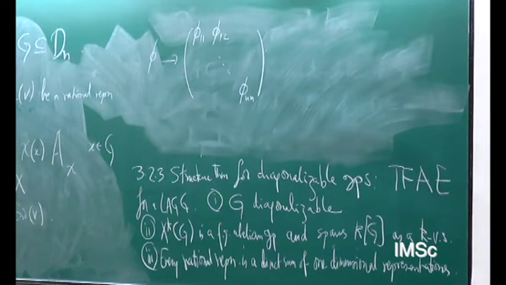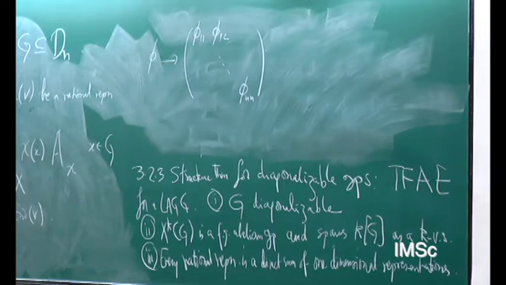Each one of them now, by thinking of appropriate zero coefficients, I can think of as a linear combination of a fixed finite set of characters, right?